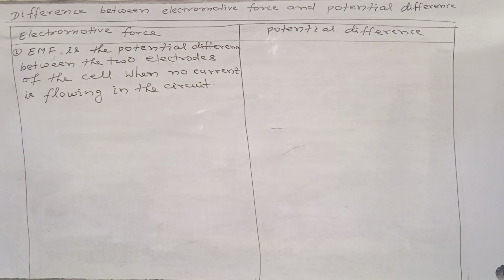We write the definition: EMF is the potential difference between the two electrodes of the cell when no current is flowing in the circuit.